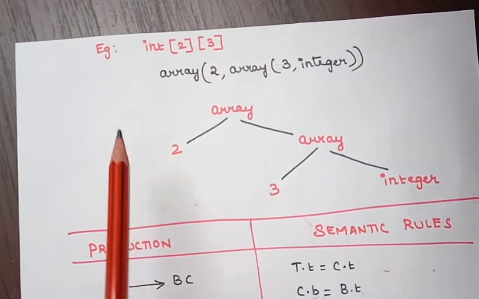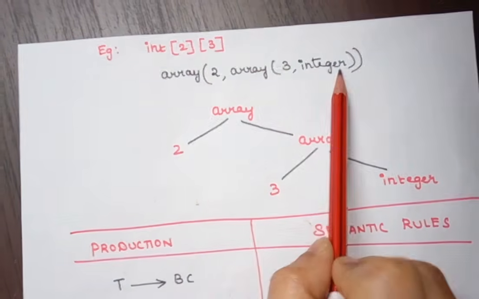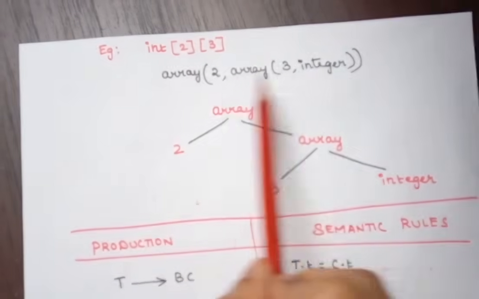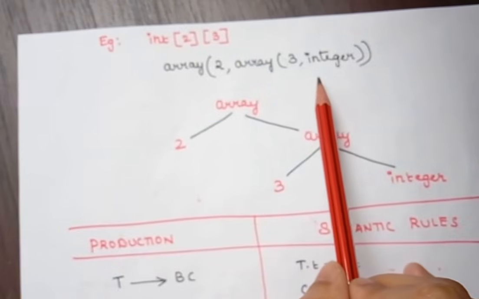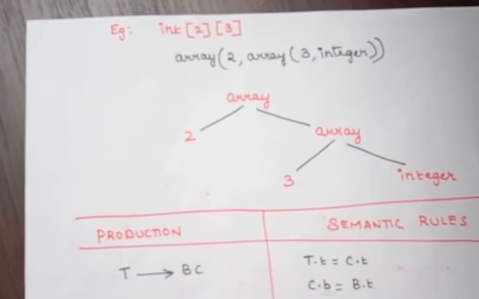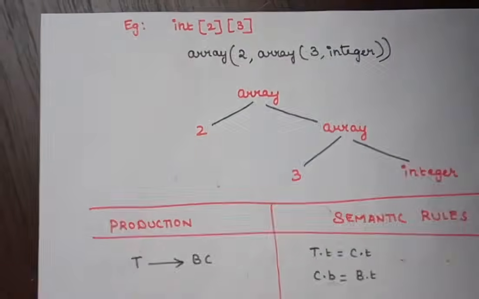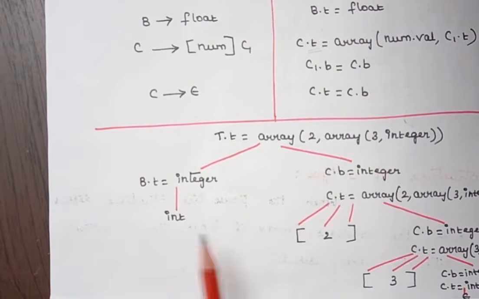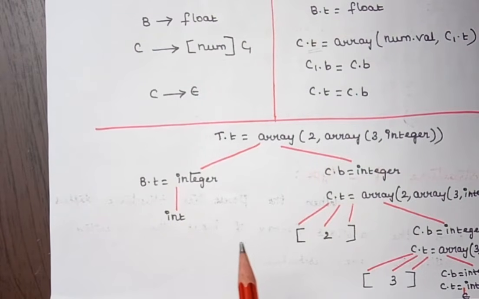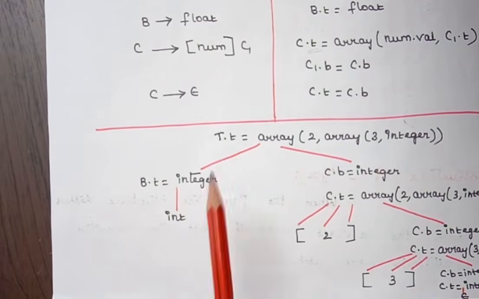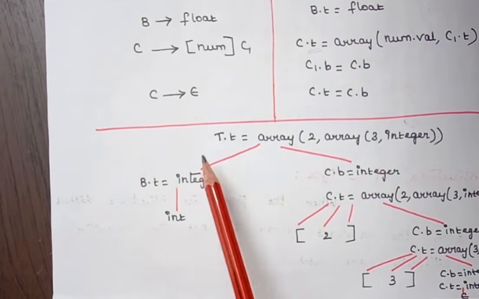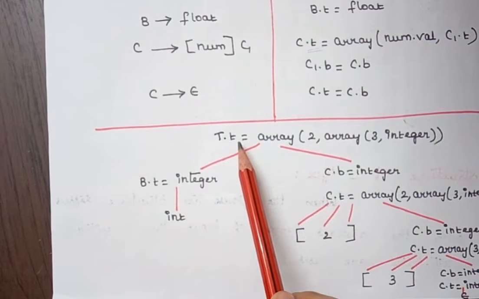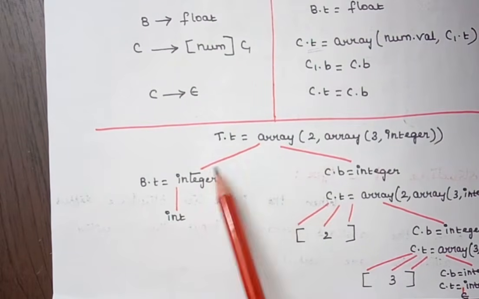Now we will see the annotated parse tree for this given declaration statement. What could the annotated parse tree be for this given declaration statement? So this is the annotated parse tree for that expression int 2 3, and if you look here, at the root node we have the non-terminal T. For this T, what production are we using?